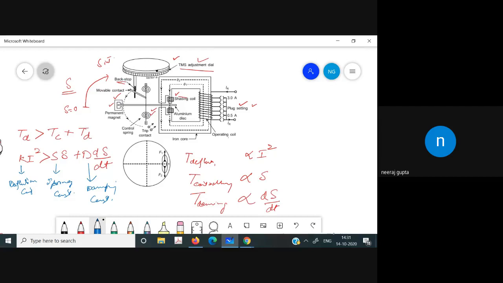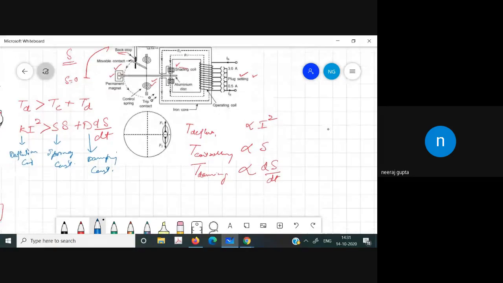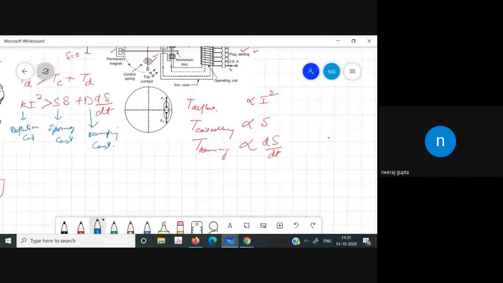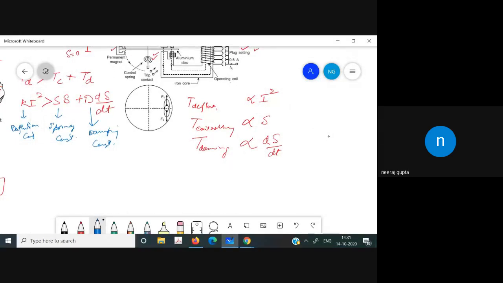And this actually depends upon the design of the relay. These constants are functions of the design of the relay, so depending upon the design of the relay, these constants can be changed. Now, when the relay is on the verge of deflection, all three torques are equated.